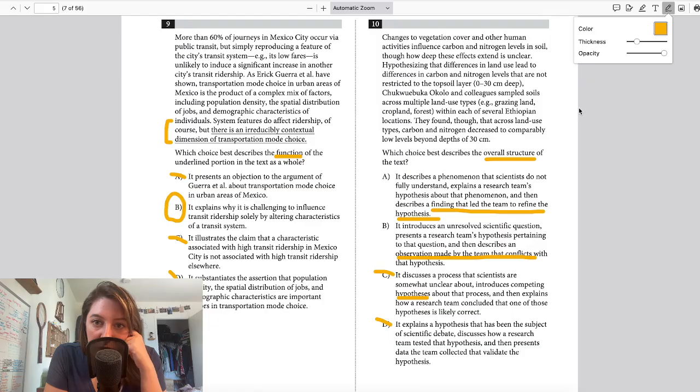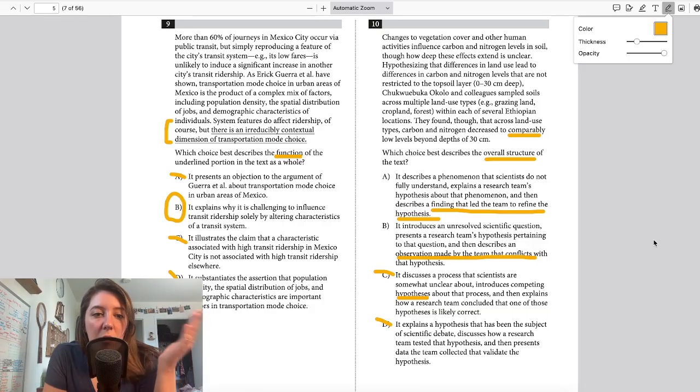So what they did is, they found though that across land use types, carbon and nitrogen decreased to comparably low levels beyond depths of 30 centimeters. Okay, so let's see what we got. Across land use types, carbon and nitrogen decreased to comparably low levels. So this suggests that the varying land use didn't really affect it as much as they thought it would, right?